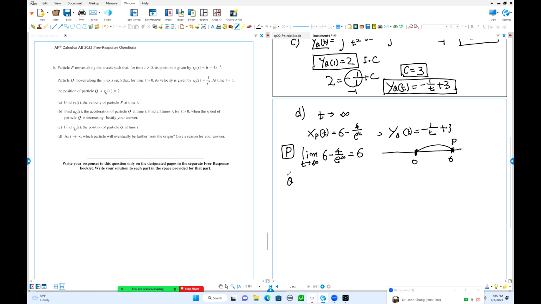For particle Q, the limit as t goes to infinity of negative 1 over t plus 3: this whole term goes to 0, right? So the limit value is 3. At this time, Q is at 3 over here. So which particle is eventually farthest? Particle P. You can answer it right, particle P.